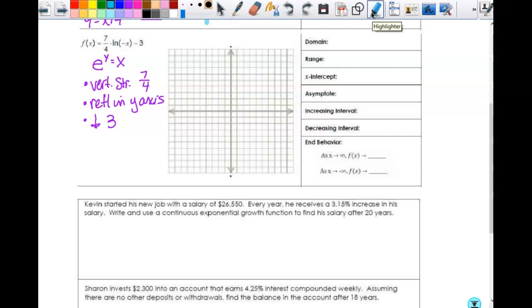There are no left and right movements, so I'm still right here. Then when y is -1, x is about 0.36. I have a vertical stretch of 7/4, so that's like 1 3/4. So there's a 1 3/4. Reflect in the y-axis and go down 1, 2, 3.